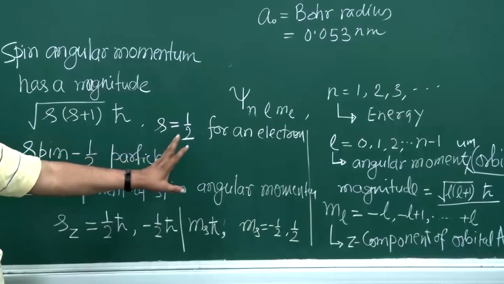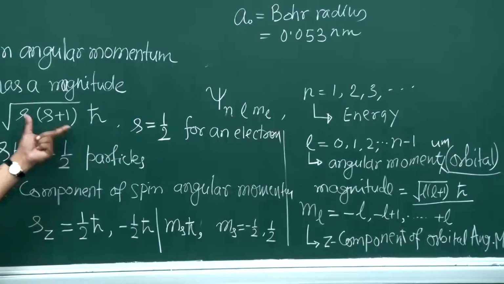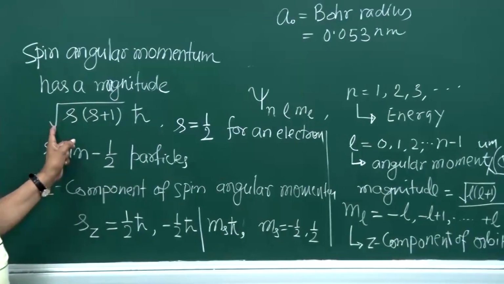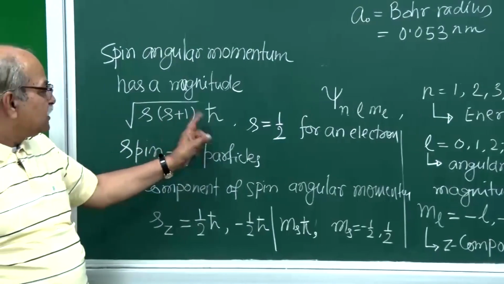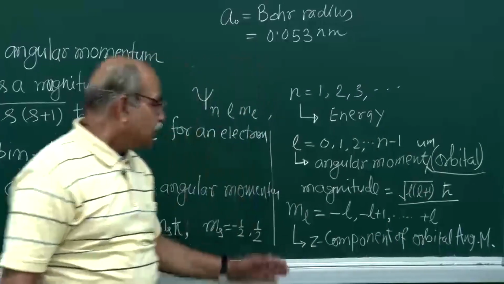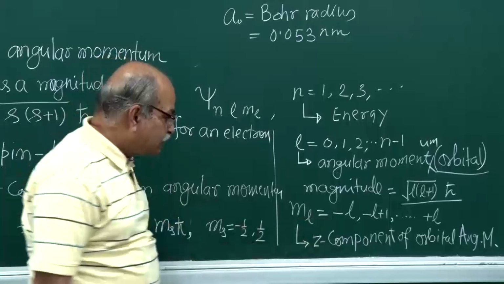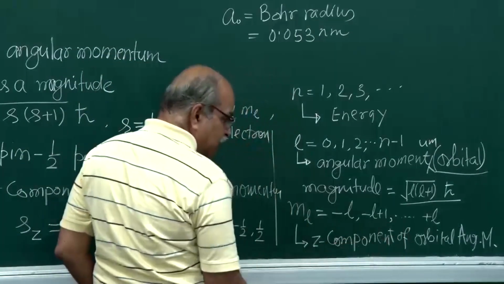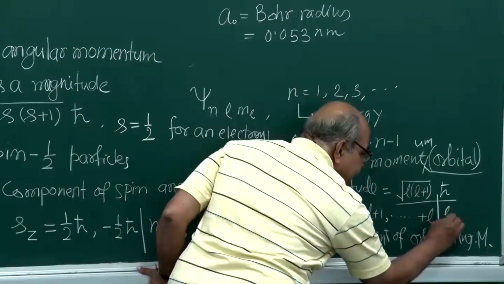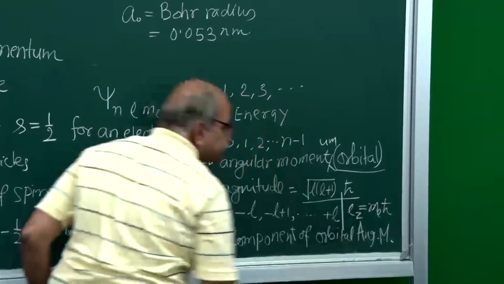And then the magnitude has the same mathematical formulation, square root of S into S plus 1 times h cross, here square root of L into L plus 1 times h cross. The z component of orbital angular momentum, that also I could have written, that is Lz is equal to ml times h cross.